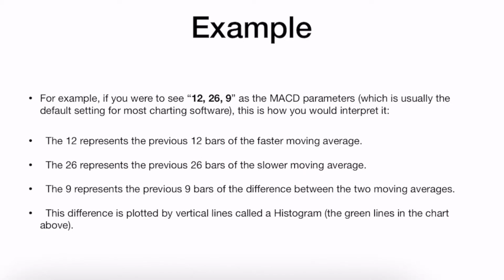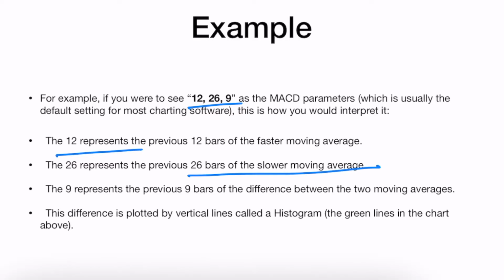I'm just going to take an example. Usually the numbers which a lot of charting softwares use for the MACD are 12, 26, and 9. And these are the common MACD parameters. The 12 represents the previous 12 bars of the fast moving average. 26 represents the 26 bars of the slower moving average.